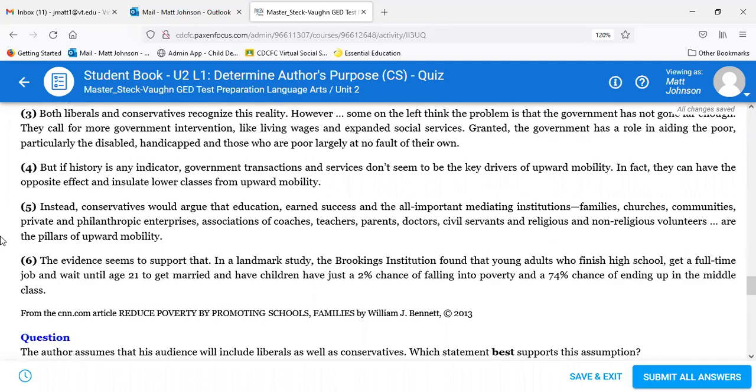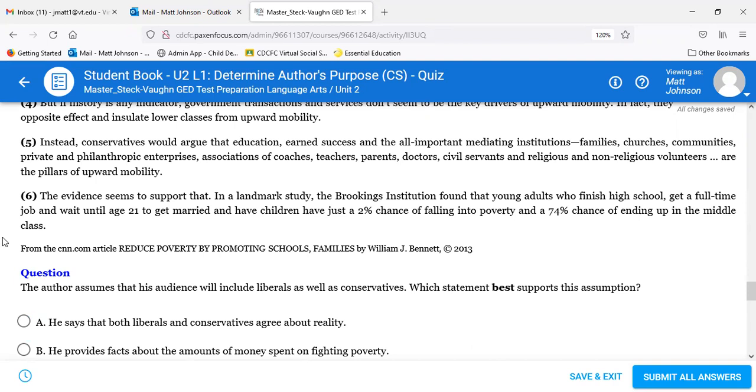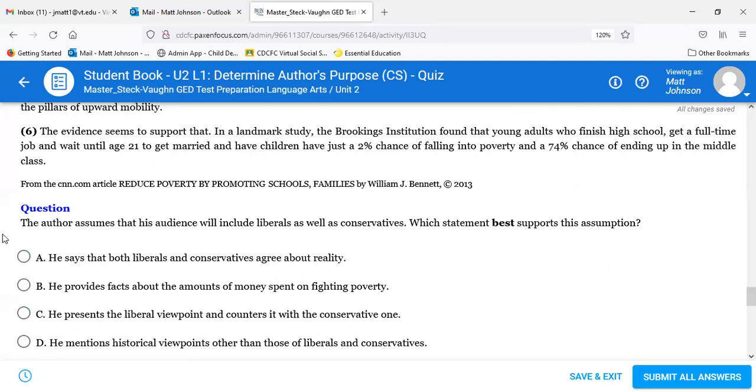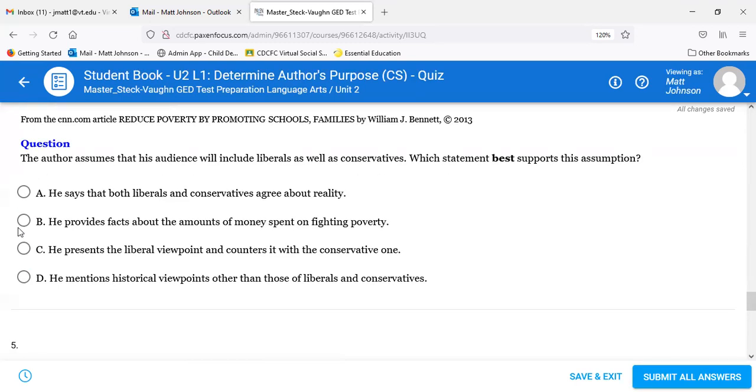Okay, and again, number 4 is the same passage. Christiana, would you like to read number 4? All right, number 4. The question says the author assumes that this audience will include liberals as well as conservatives. Which statement best supports his assumption? A, he says that both liberals and conservatives agree about reality.